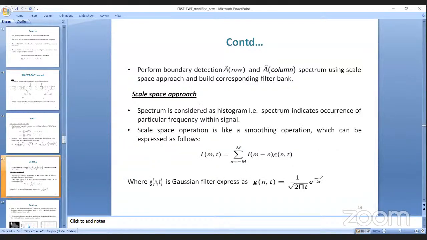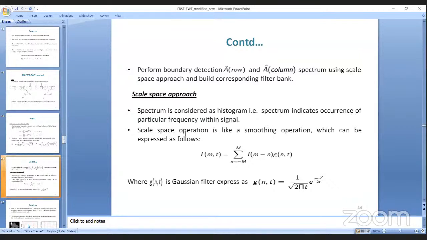Once you have the FBSE spectrum, we can perform boundary detection on the average row and average column spectrum based on the scale space approach, and we can design the corresponding filter bank. In the scale space approach, we consider the spectrum as a histogram, and a spectrum can be considered an indication of the occurrence of a particular frequency within the signal.